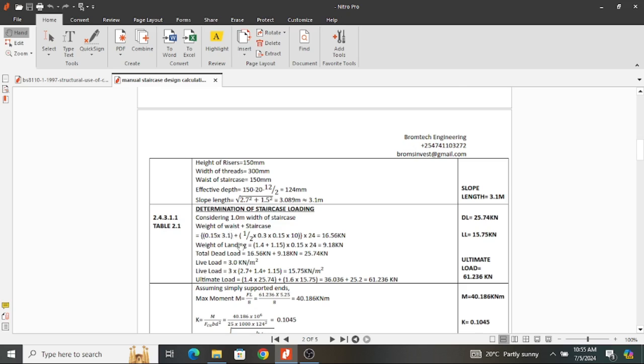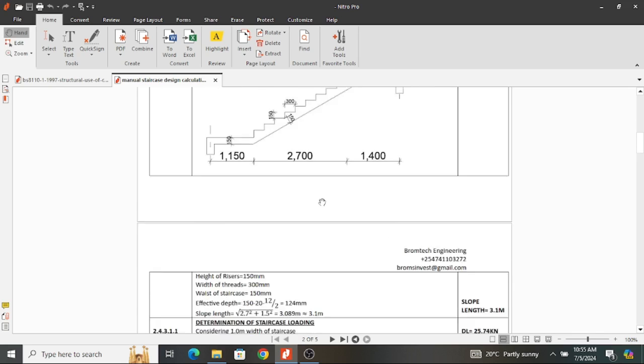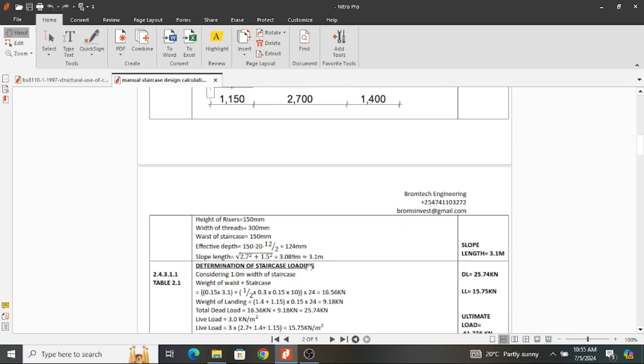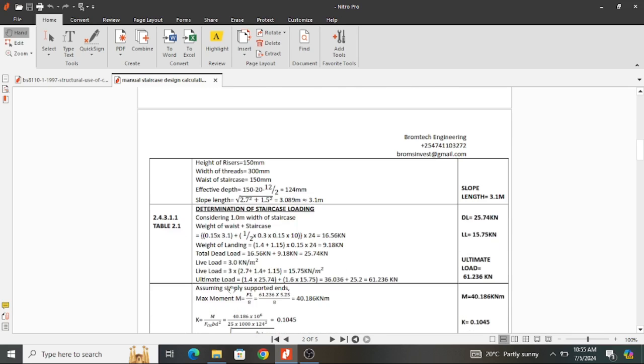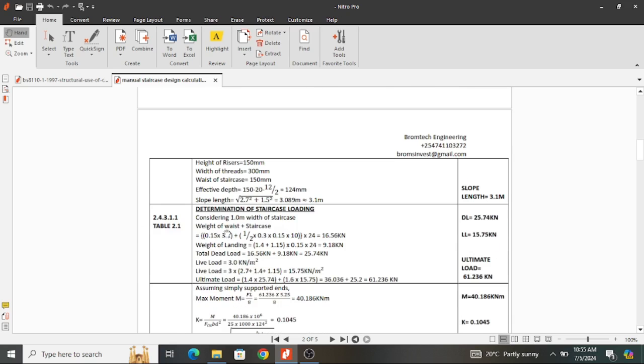Now, weight of the waist at this section, I'm just considering the flight. So my waist is 150 millimeters deep, and then the length is 3.1 as we had obtained from this rule of hypotenuse. So 3.1 you multiply by 0.15, which is the depth, and this is going to give me my sectional area. Then if I multiply by 1, because we've said we are considering 1 meter width, therefore I'm going to still retain that.